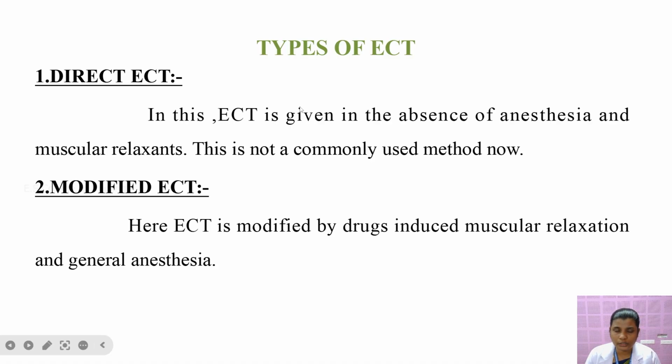And types of electroconvulsive therapy. One is direct ECT, another is modified ECT. Direct ECT is given in the absence of anesthesia and muscle relaxant. We do not use this method nowadays because, without anesthesia and muscle relaxant, it creates cognitive impairment and the patient gets more side effects of electroconvulsive therapy.